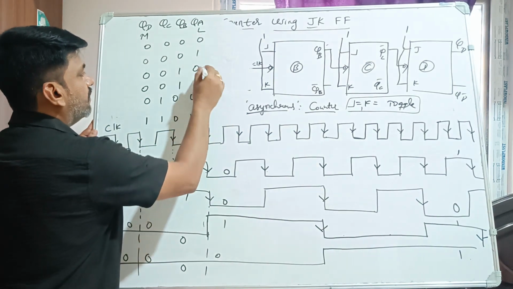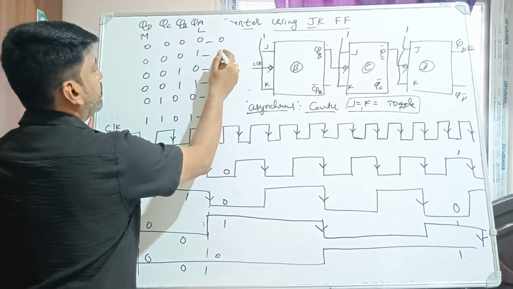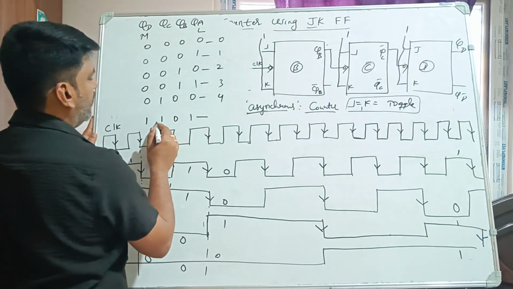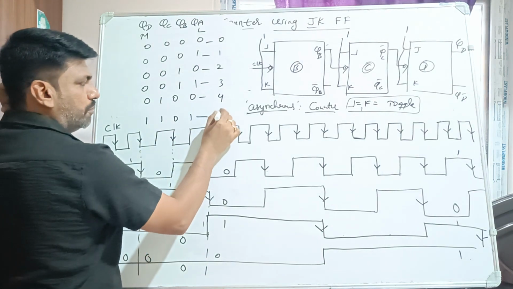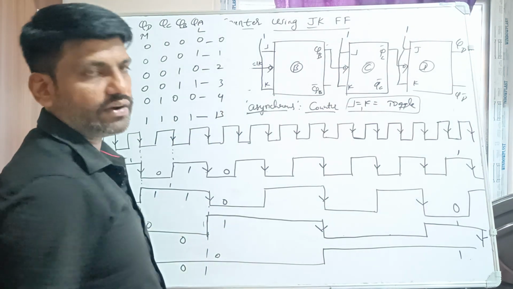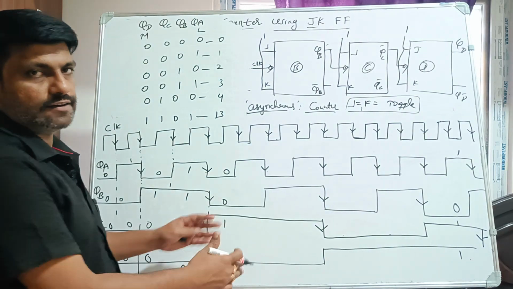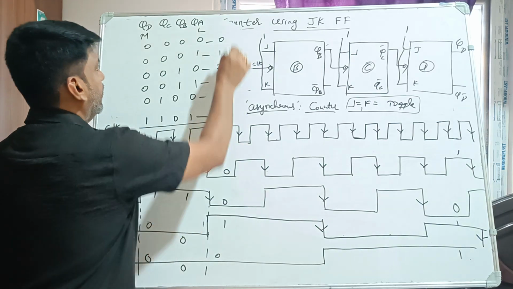So we'll see now what are the equivalent decimal values of this. What is this? 0. What is this? 1, 2, 3, 4, up to what is the last? 8 plus 4, 12, 12 plus 1, 13. Up to 13 we have written. 14 and 15 we have not written because the board is not taking the space, right? So we have written up to 13, right?